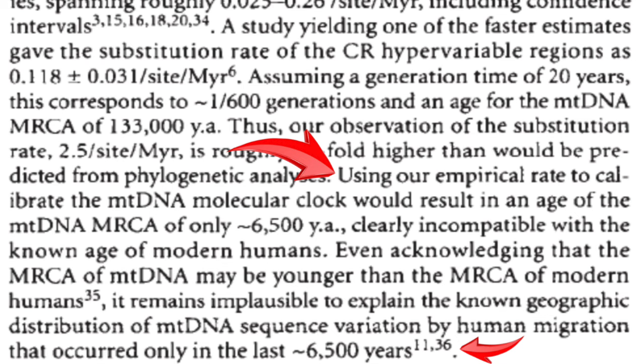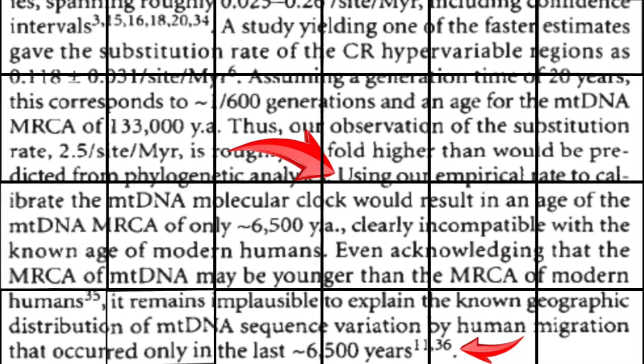Even acknowledging that the most recent common ancestor of mtDNA may be younger than the most recent common ancestor of modern humans, it remains implausible to explain the known geographic distribution of mtDNA sequence variation by human migration that occurred only in the last 6,500 years." So as you can see, they can't explain it, but that's what the results were.